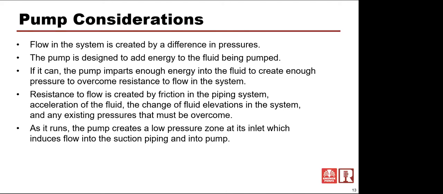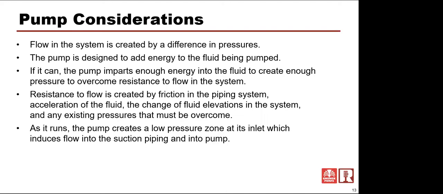So when flow is in a system, there's always a resistance to that flow, whether that's friction moving through a piping system. You know, that one installation I talked about that had 700 feet of pipe, to be able to get a certain amount of pressure at the other end of that pipe, you have to overcome all of that resistance in that pipe. So you have to size that pump to be able to have that much pressure at the pump side to be able to get certain amounts of pressure on the discharge side of that pipe.